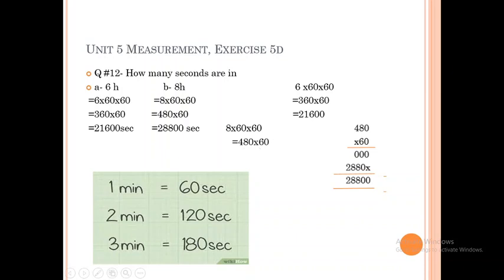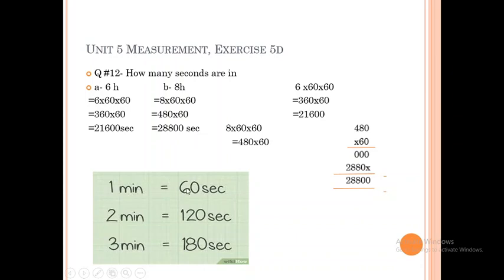First multiply by 0, 3 zeros are here. Then multiply by 6. 6 8s are 48, 4 is carry. 6 4s are 24, 24 plus 4, 28. So after this when you do the addition, you will get 28,800. This is the answer, 28,800 seconds.